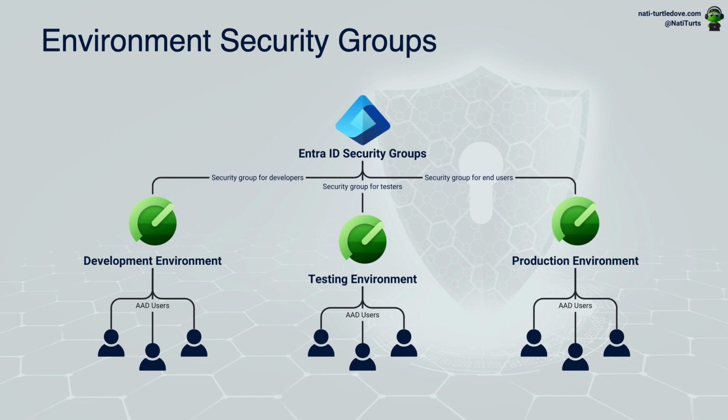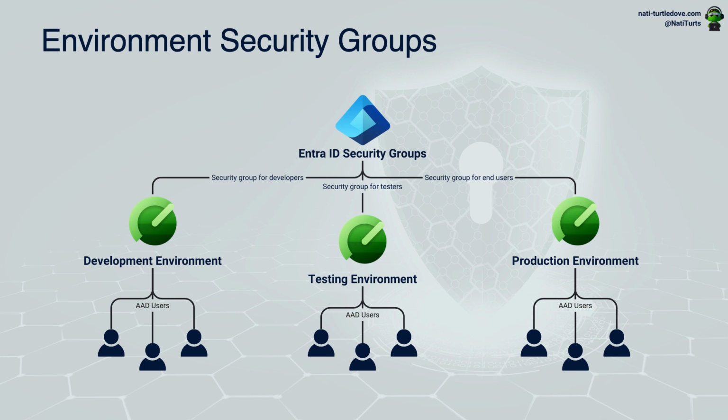But if we use Entra ID security groups to then drive an environment security group, it could look like this infrastructure over here where we've got three different environments. We've got a development environment where our developers need to log in to do dev. We've got a testing environment for our testing team that conduct testing on the dev work. And then lastly, we've got our production environment where the live solution lives and all the end users interact with that product.